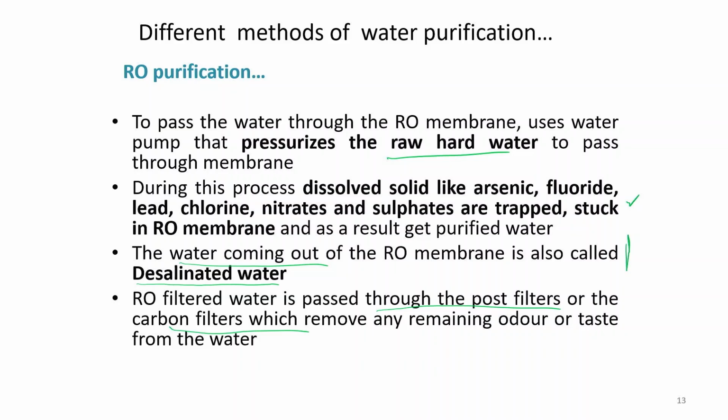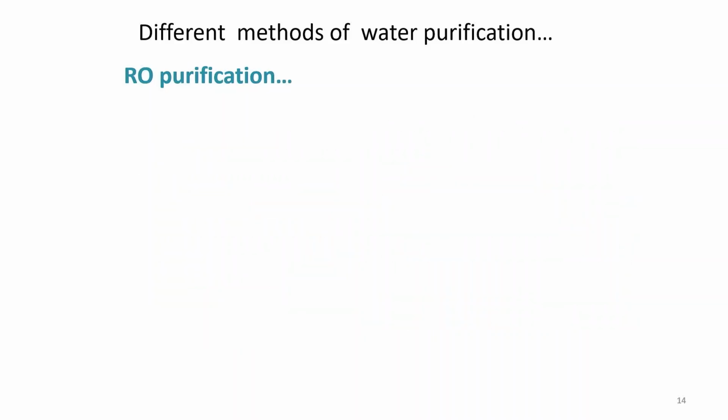RO does not remove the odor or change the taste. To change the taste, we can use an activated carbon filter, which improves the taste of the water coming out of the reverse osmosis process.